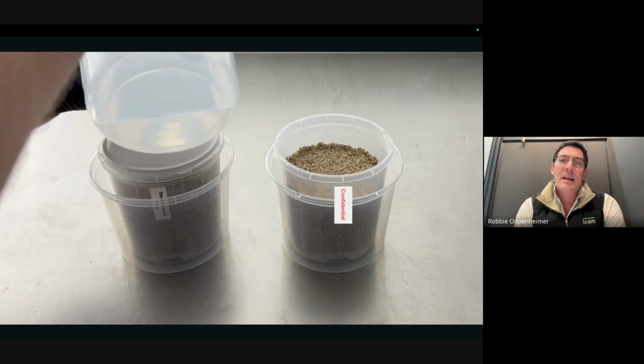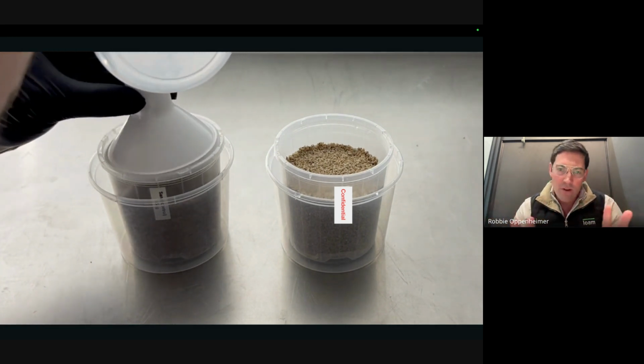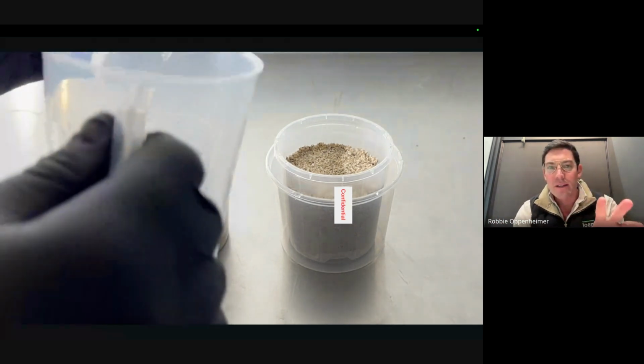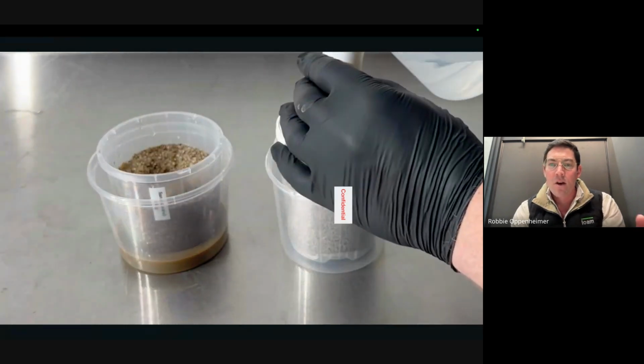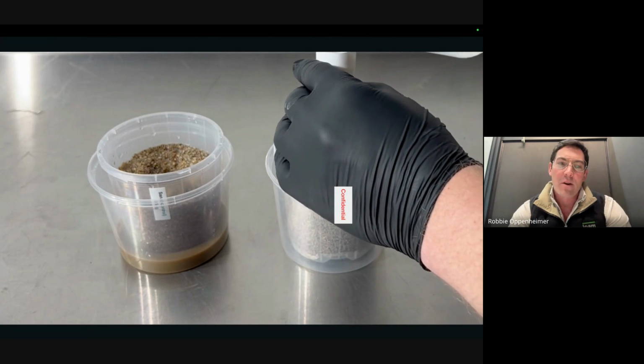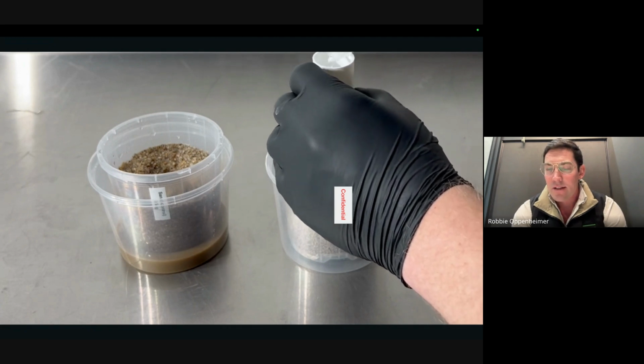This is an example of sterilized sand. This is a purely proof of concept laboratory experiment. On the left, it's sterilized sand where we've added water, and you can see that water flowing through the sample. On the right, this has been inoculated with a fungal isolate from our library at a very high dose rate.